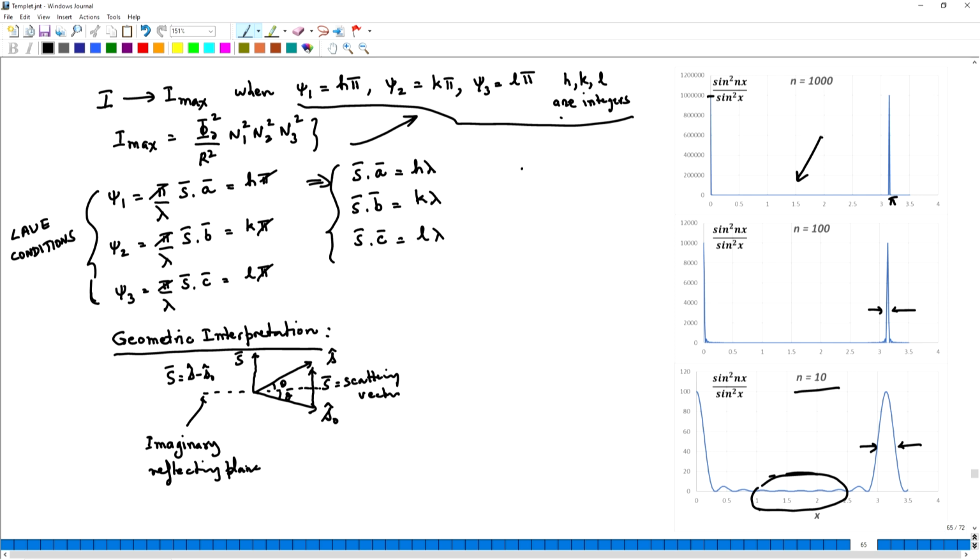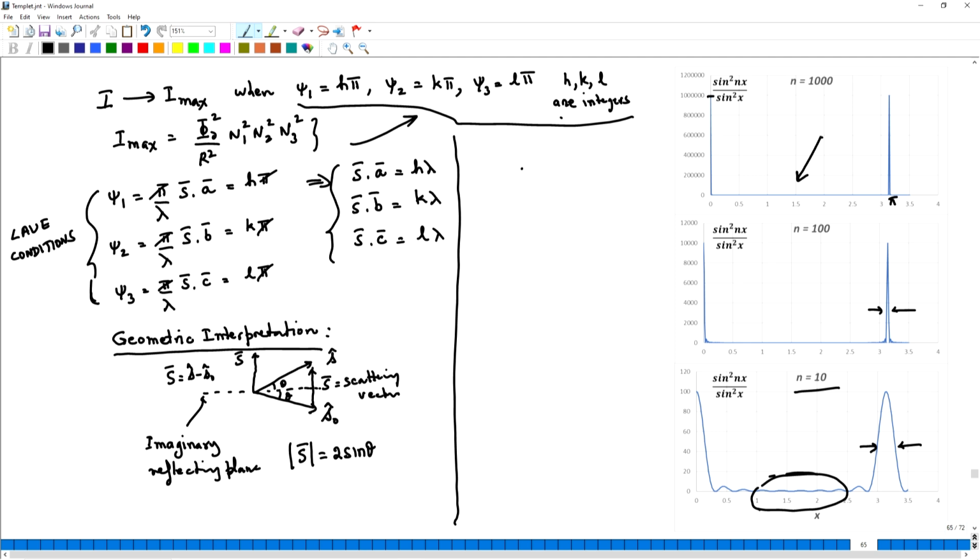So, as if I have an incident beam which hits this imaginary plane and gets reflected. So, I have an incident beam at an angle theta and a reflected beam at an angle theta. Now, since S and S naught are unit vectors, the magnitude of the scattering vector S would be nothing but 2 sin theta.